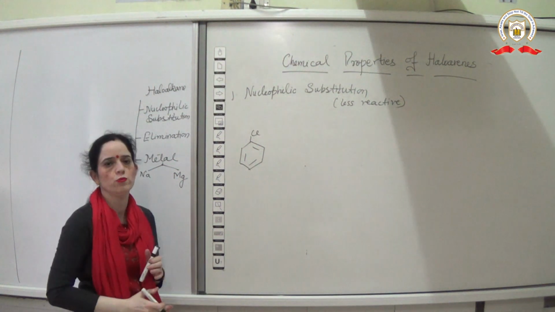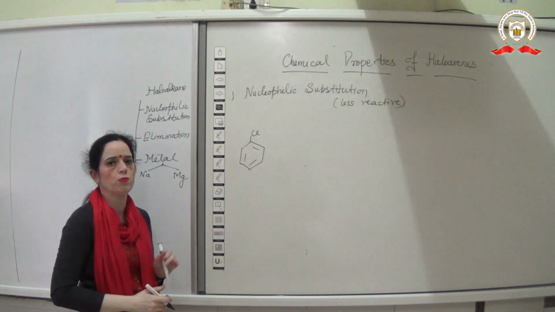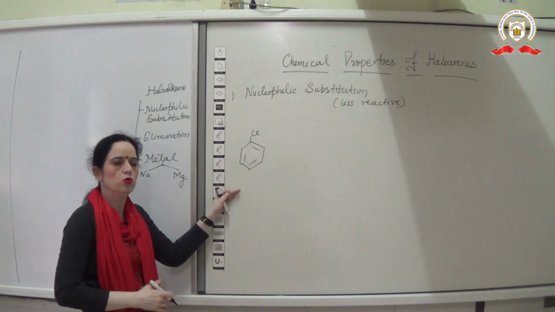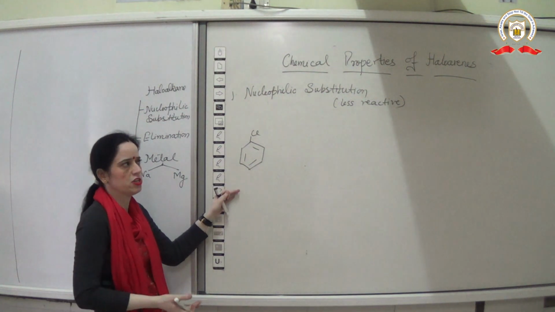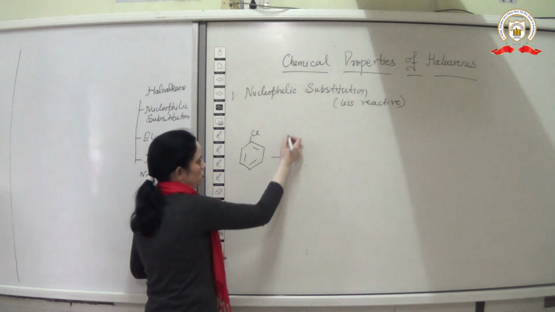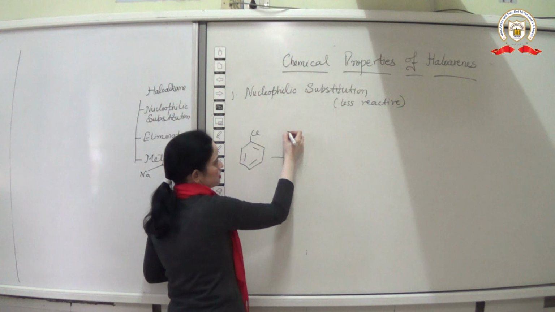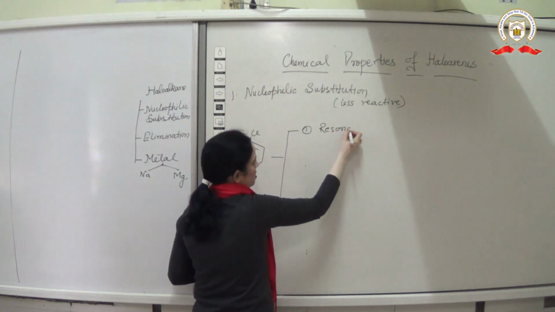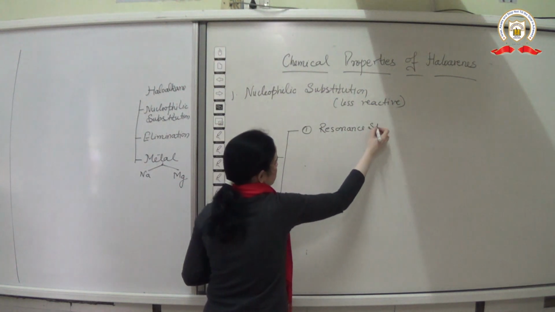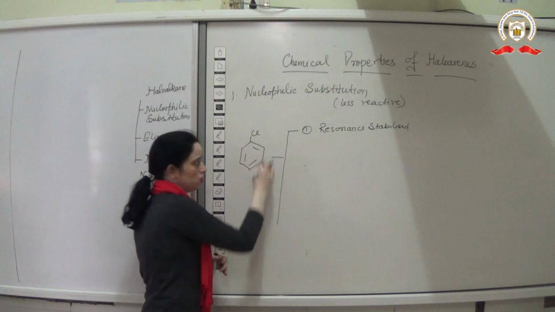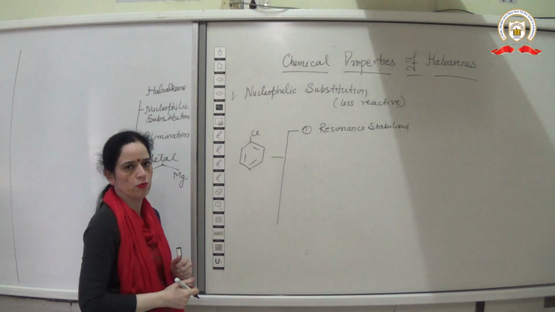Usually this question is of 2 marks and we have to give 4 points why haloarenes are not able to undergo, or are less reactive for, nucleophilic substitution. So the 4 important things. First, these are resonance stabilized groups. Chlorine is a deactivating group.